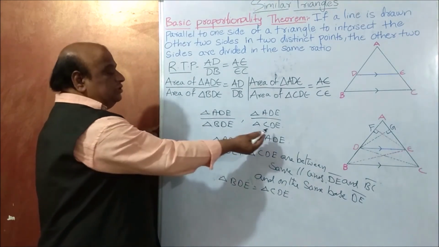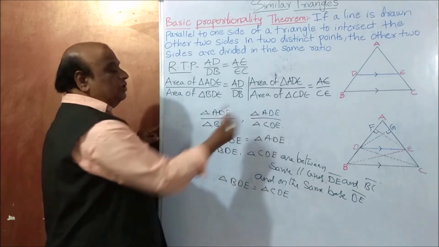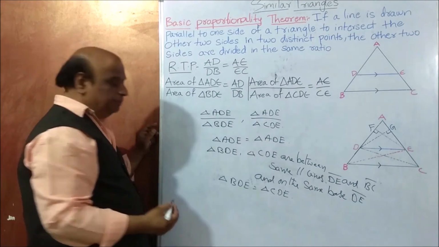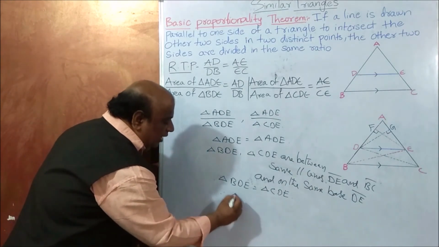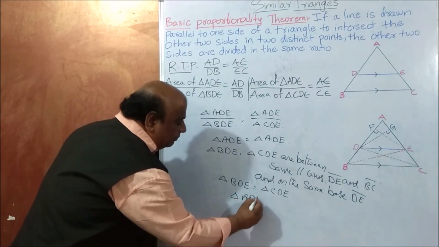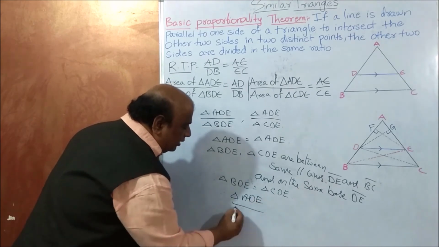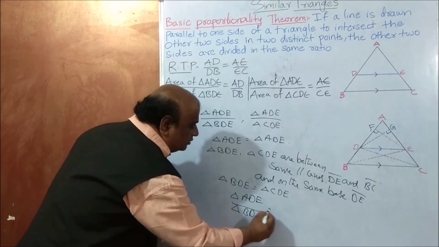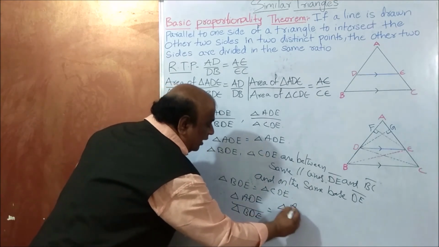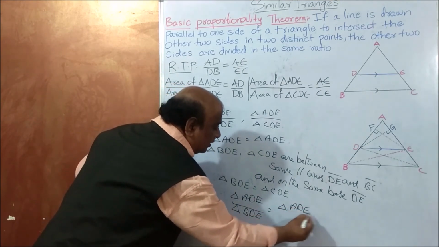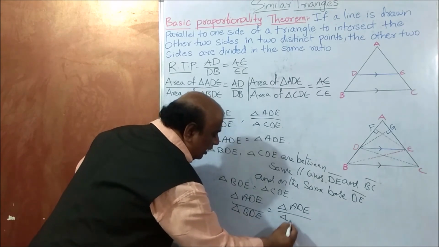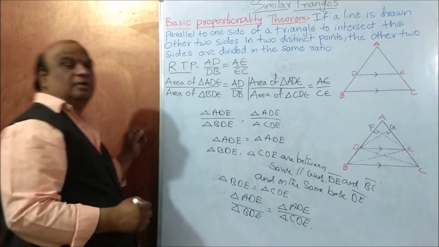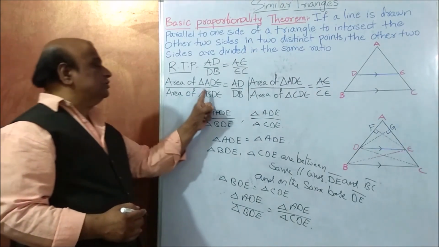Now, BDE is equal to CDE, ADE is equal to ADE. Therefore, these two ratios are equal. Therefore, triangle ADE by triangle BDE is equal to triangle ADE by triangle CDE. So these two ratios are equal now.